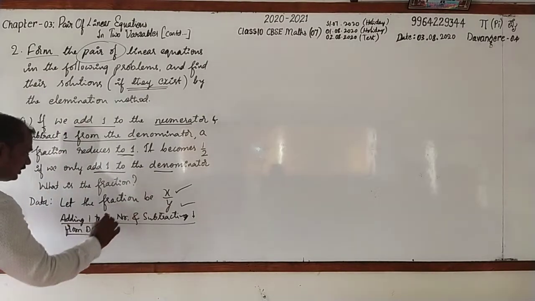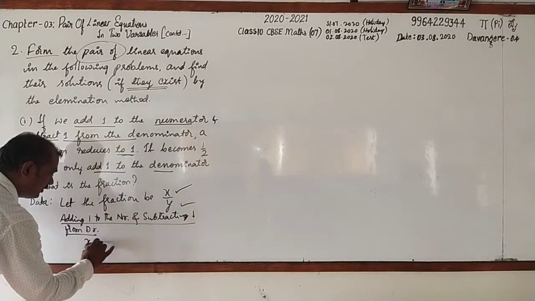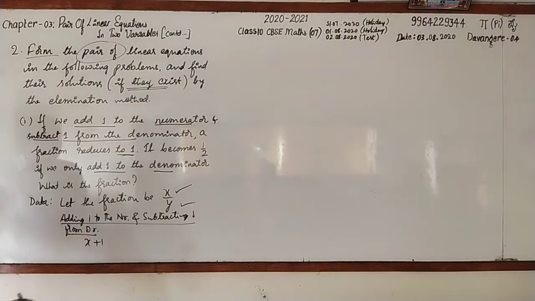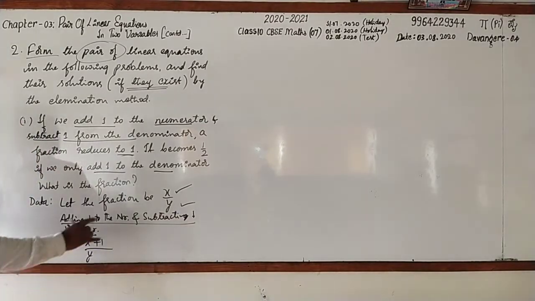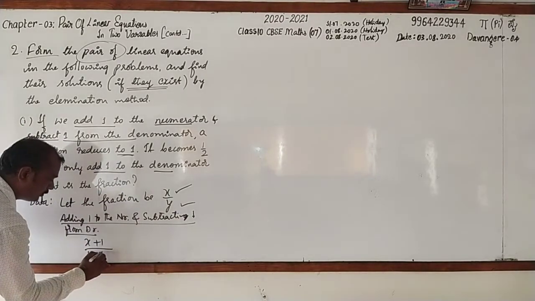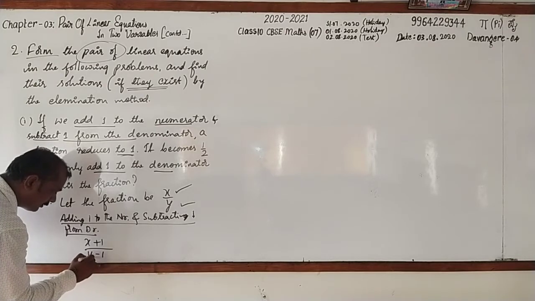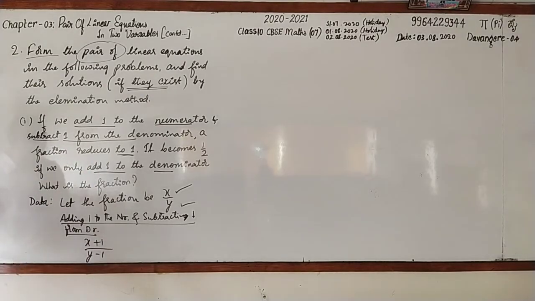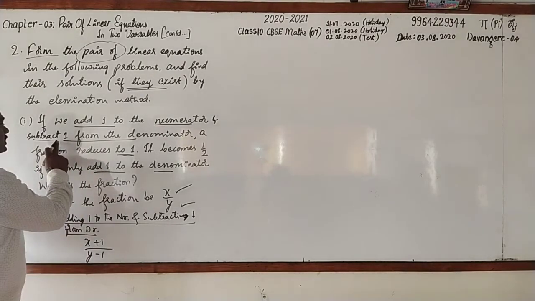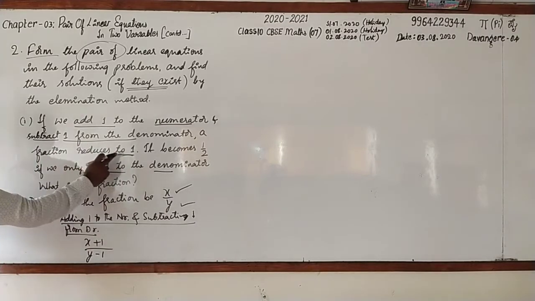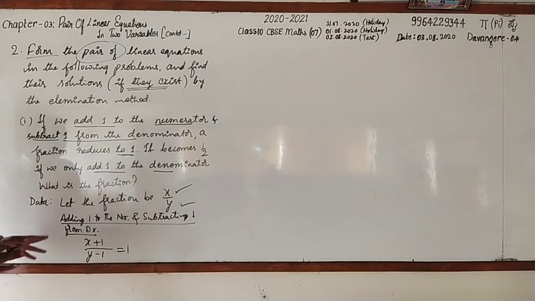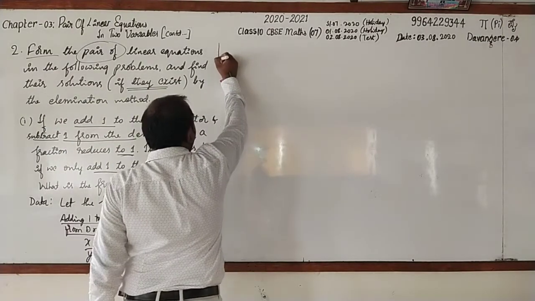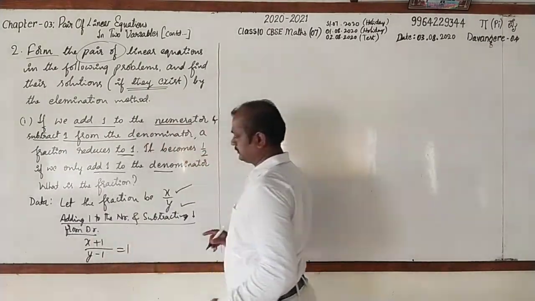Which is the numerator? x. Let us add 1 to it. And which is the denominator? y. Subtract 1 from the denominator, so it will be y minus 1. Then the fraction reduces to 1. Then that fraction becomes 1. Clear?